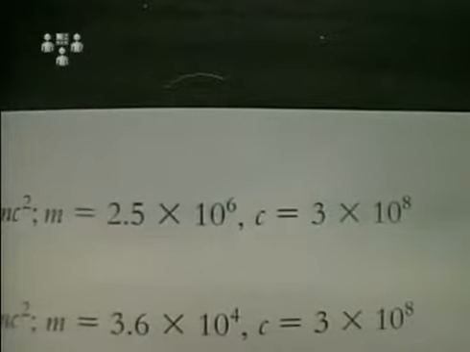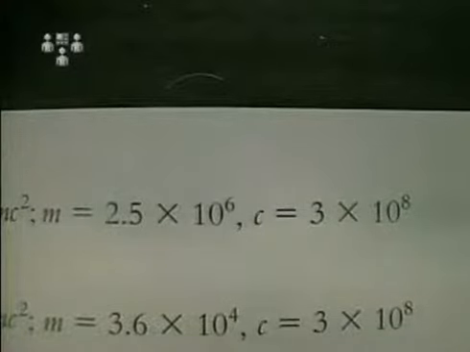You have a mass of 2.5 times 10 to the 6th, and the speed of light is given as 3 times 10 to the 8th. 10 to the 6th would be millions, right? So you have 300 million. And in terms of the speed here, I'm believing that's meters per second. I'd have to check on that for the constant.